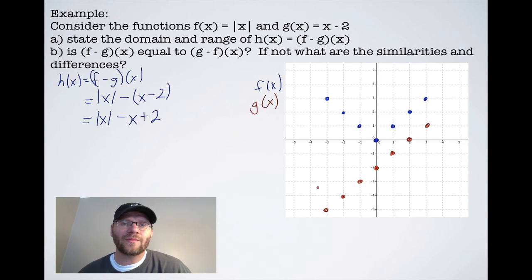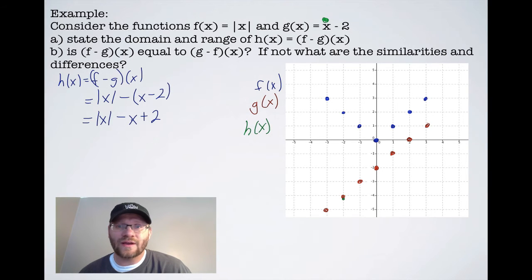So for our green function, which is h of x, we have to take our y value for f of x and we subtract the g of x. So we have positive 3 minus a negative 5 makes that positive 8. That puts it somewhere up here. We have a positive 2 and we're subtracting a negative 4.